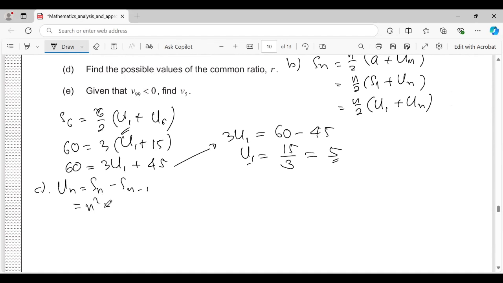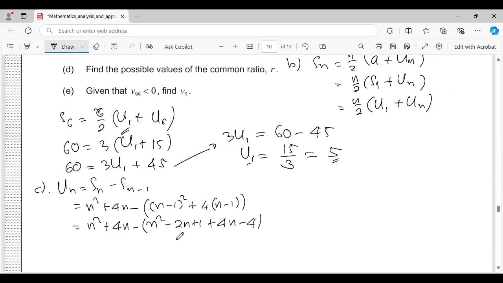Sn is n squared plus 4n minus S(n minus 1), it means (n minus 1) squared plus 4 multiply (n minus 1). n squared plus 4n minus n squared plus 2n minus 1 minus 4n plus 4.